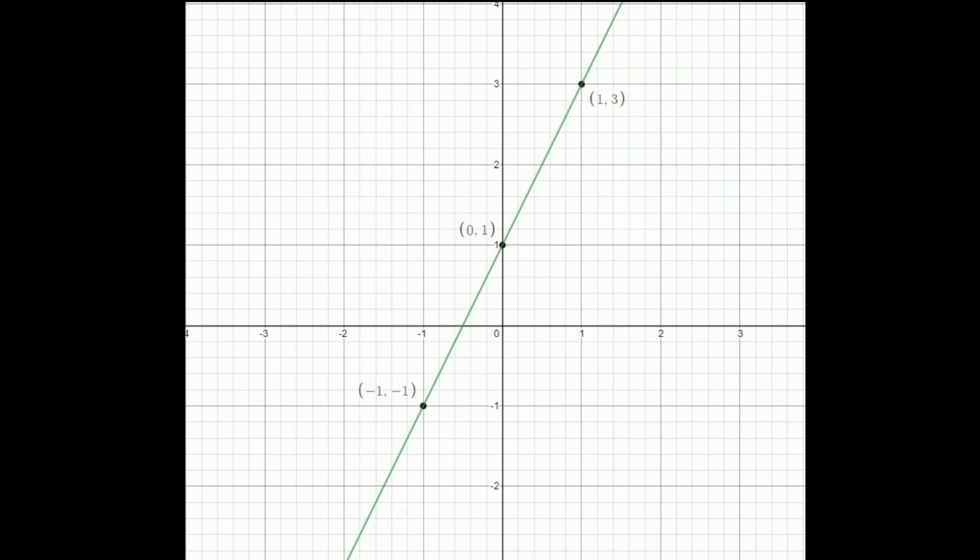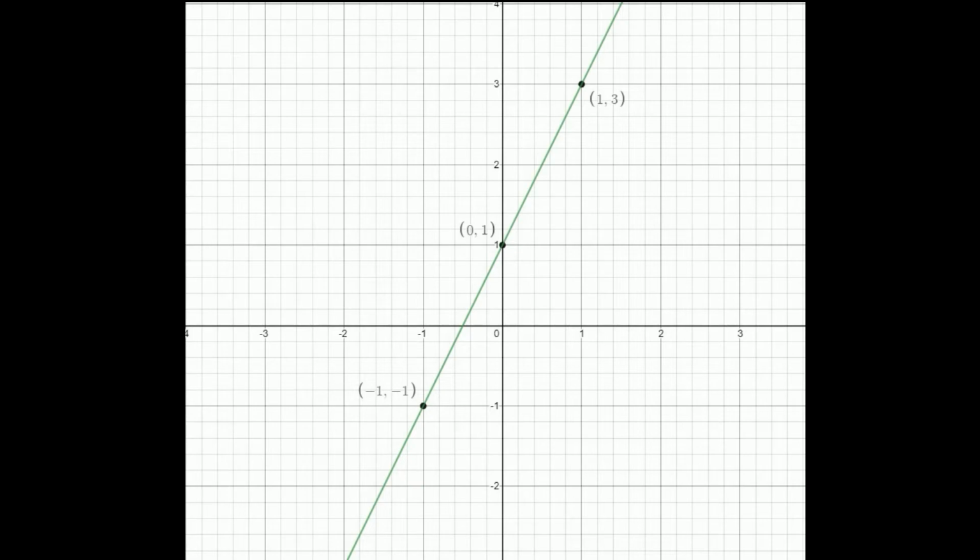Here, I have the graph of 2x plus 1. I have my points labeled, and you can see that all of my points did shift up 1. Originally, I was at -1, -2, and now I'm at -1, -1. I was at the origin 0, 0, and now I'm at 0, 1. And then I was at 1, +2, and here I'm at 1, +3.